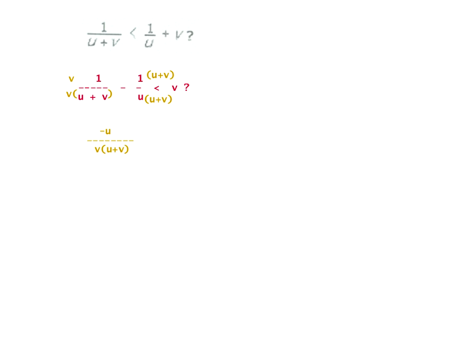So it is negative u over that, less than v, question mark. Yeah, you would have to multiply by u, yes you would. I'm just seeing if you're paying attention. And it looks like you are, that's good. So that's going to be u minus v, that's just going to give you that. All right, and the bottom is this.